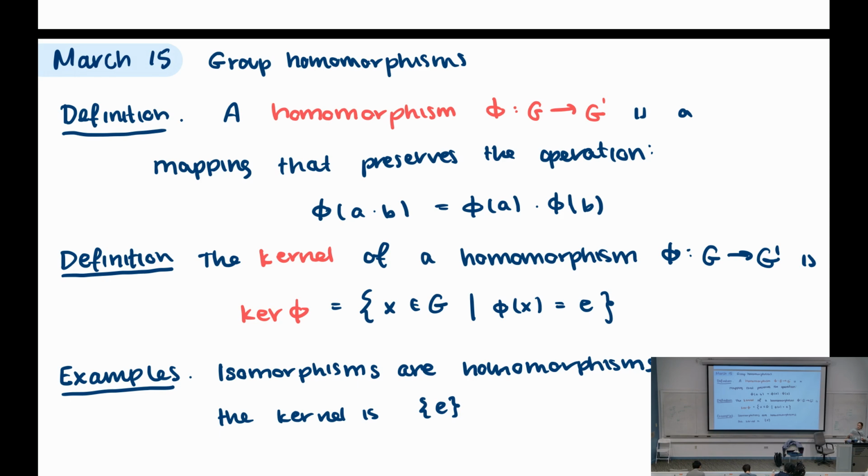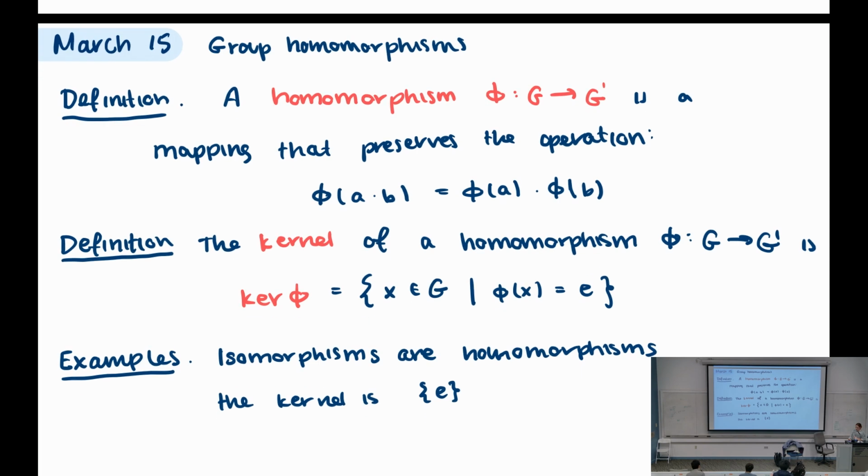Of course, we're going to have that phi of the identity, if phi is a homomorphism, is always going to be the identity in the group G prime. We already saw this for isomorphisms. And isomorphisms are injective, so the only thing that gets sent to the identity is the identity. So the kernel of an isomorphism is just the identity. Okay, are there questions?